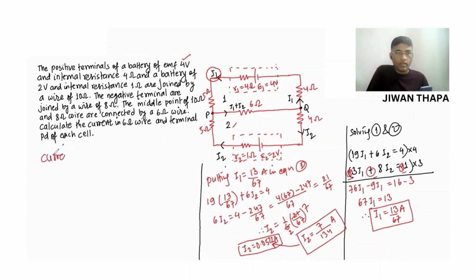So current through 6 ohm equals I1 plus I2. So I1 is 13 by 67 and I2 is plus 7 by 134 ampere. So let us find it.